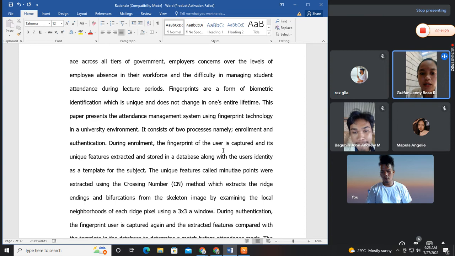The unique features called minutiae points were extracted using the crossing number or CN method, which extracts the ridge endings and bifurcations from the skeleton image by examining the local neighborhoods of each ridge pixel using a 3 by 3 window. During authentication, the user's fingerprint is captured again and the extracted features are compared with the template in the database to determine a match before attendance is made.